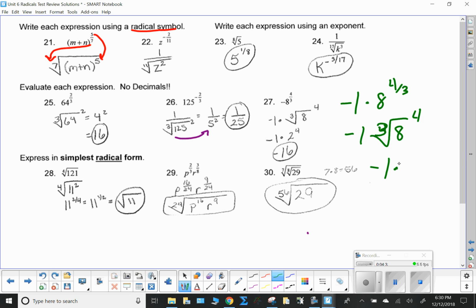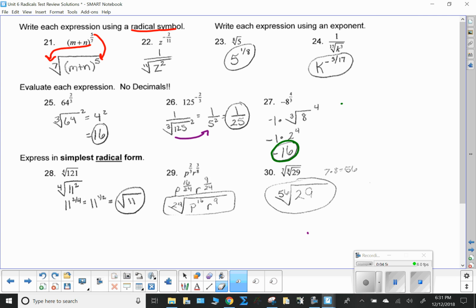Negative 1 times 2 to the 4th is negative 1 times 16, which is negative 16. If this had parentheses, then it would be positive 16. But the parentheses are not there. Therefore, the power does not extend to the negative. Beware. Pay attention. Make sure you know how to do that.